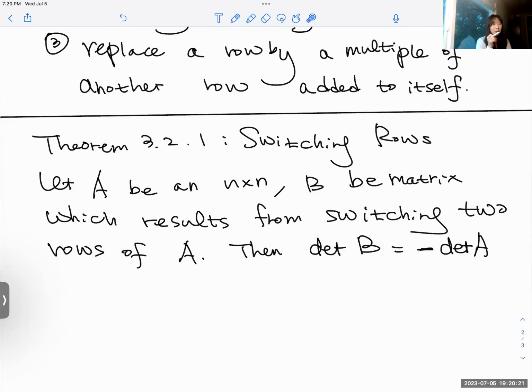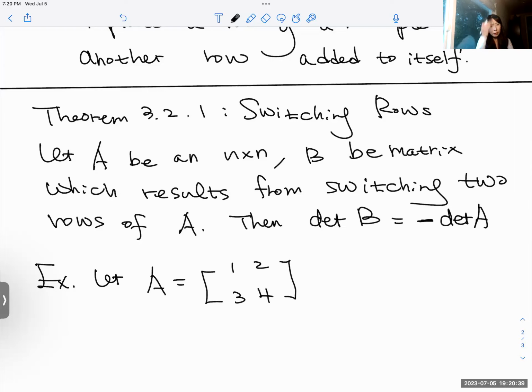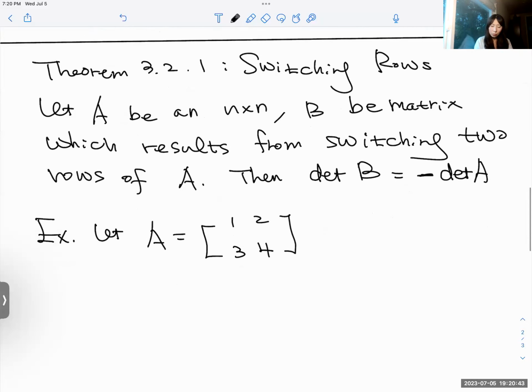All right, let's understand this one with an example. Let A equal 1, 2, 3, 4. What is the determinant of A?